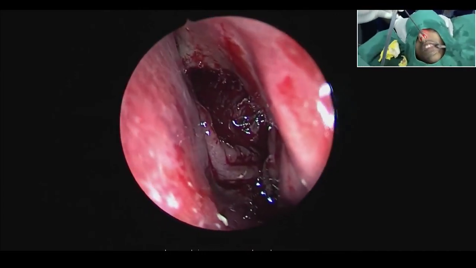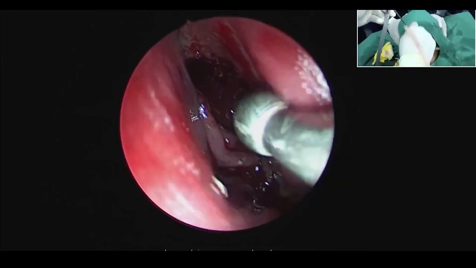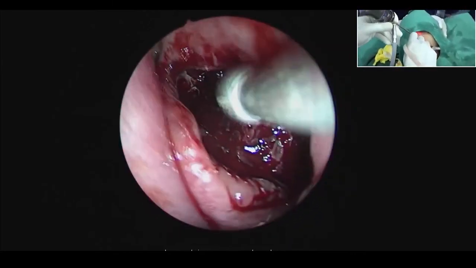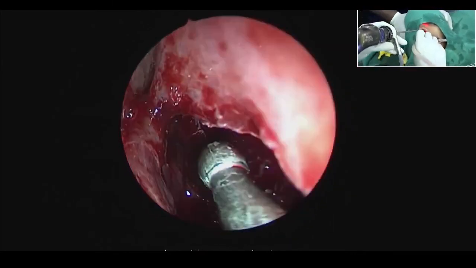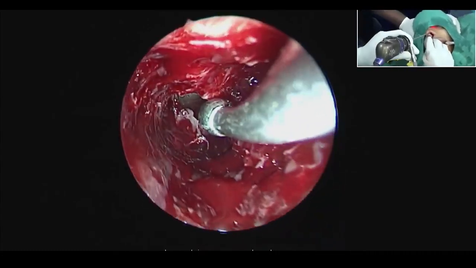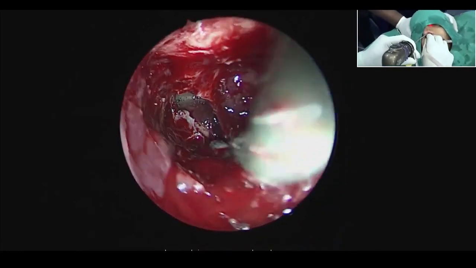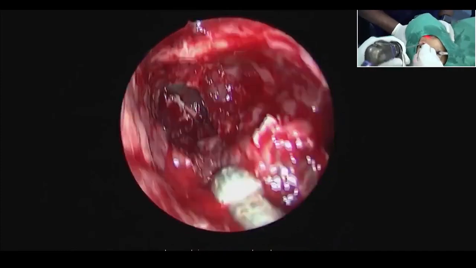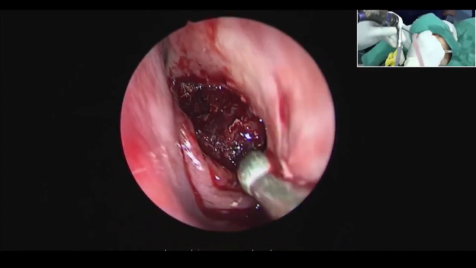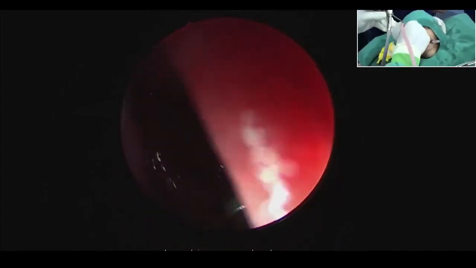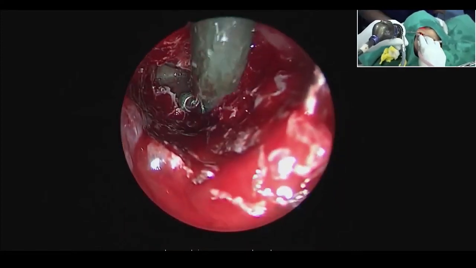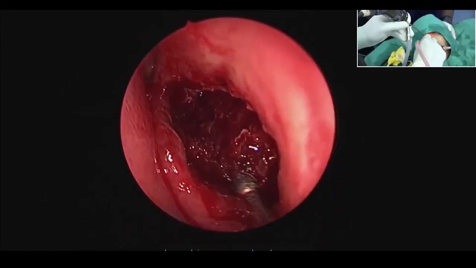Can you see my telescope going in? Now, above the telescope, under vision of the telescope, the instrument is going in. Under vision, the instrument is coming out. Under vision going in, under vision going out.